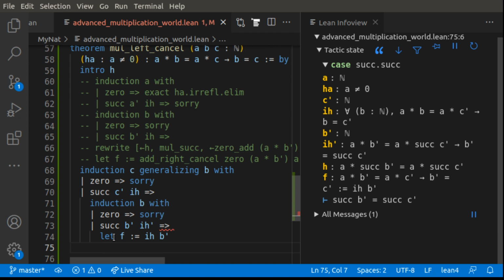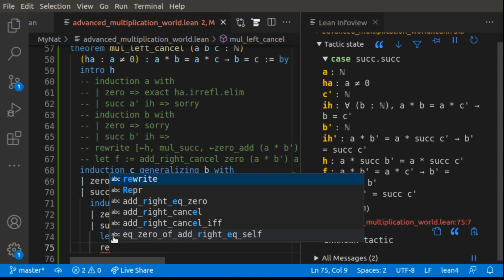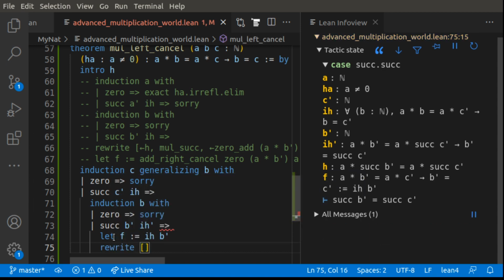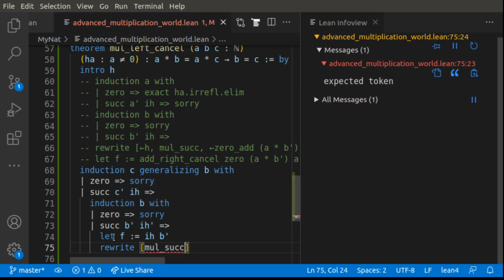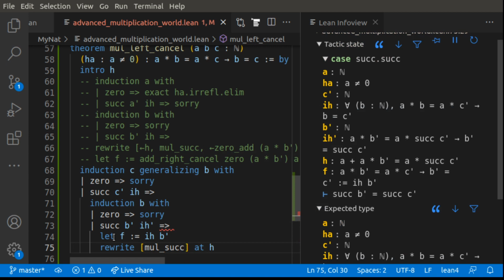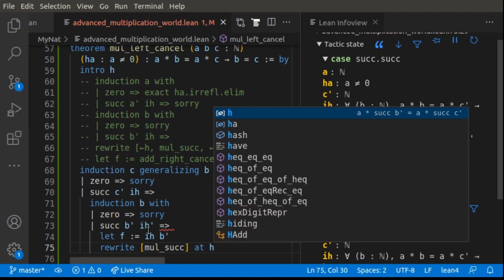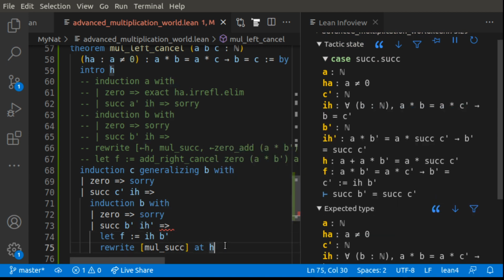I think we can massage H to get. Yeah. So let's rewrite mul_succ at H. Let's do it twice.